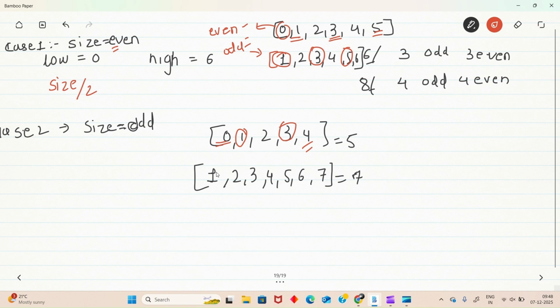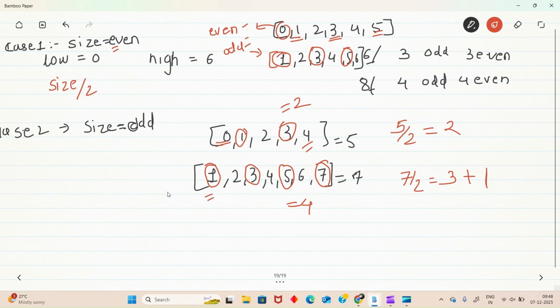If my array starts with an odd number, it ends with an odd number, so we get one more odd. In between we have 3 and 5, so here we have a total of 4, and there a total of 2. That means 5 divided by 2 is 2. And here 7 divided by 2 is 3, plus 1 because it's starting with an odd number.